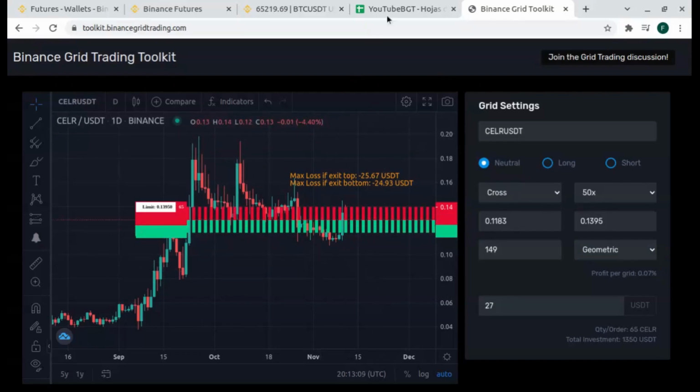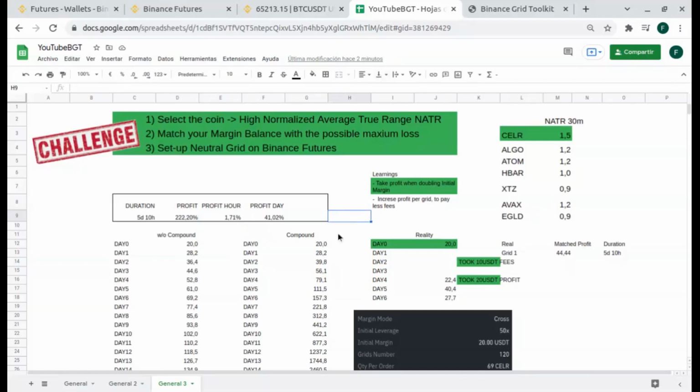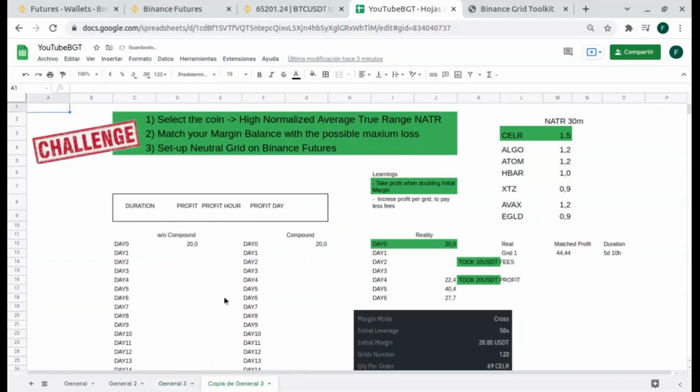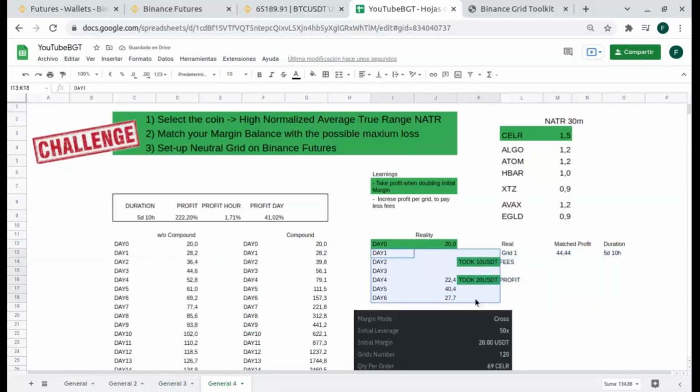In this case, I'm not going to use the same dashboard. I'm going to duplicate it to write that this is our strategy number 4. We're going to erase everything so that we have the plain dashboard.